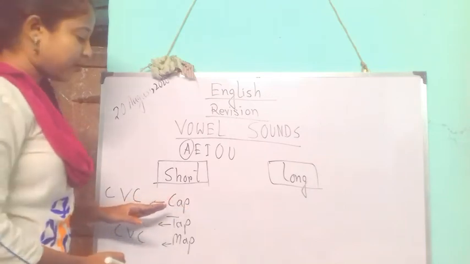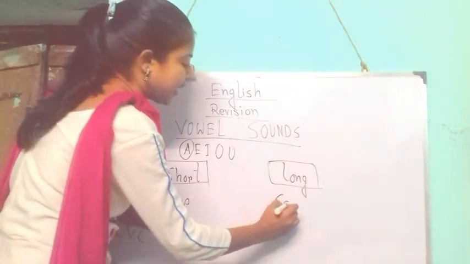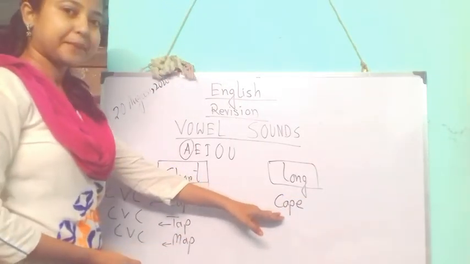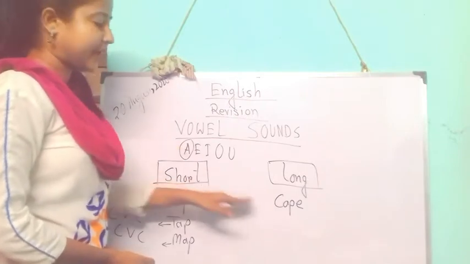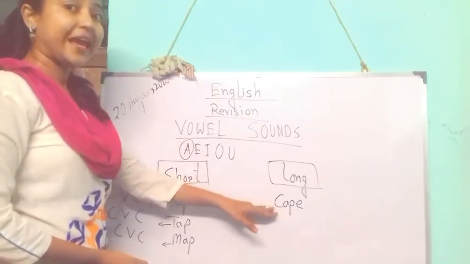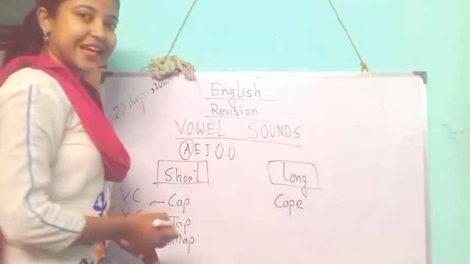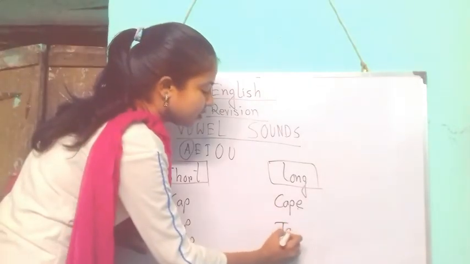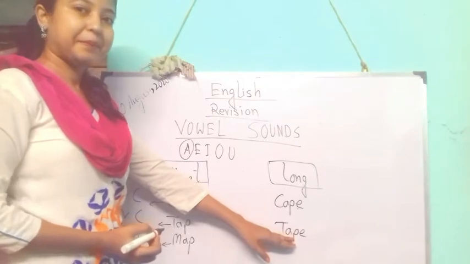You want to see how? See, C-A-P, cap. But if we add one E, then it's cape. A. See, it is A. And here it sounds also A. Cape. We just add one E and it changed. For tap, if we write here one E, we add, tape.